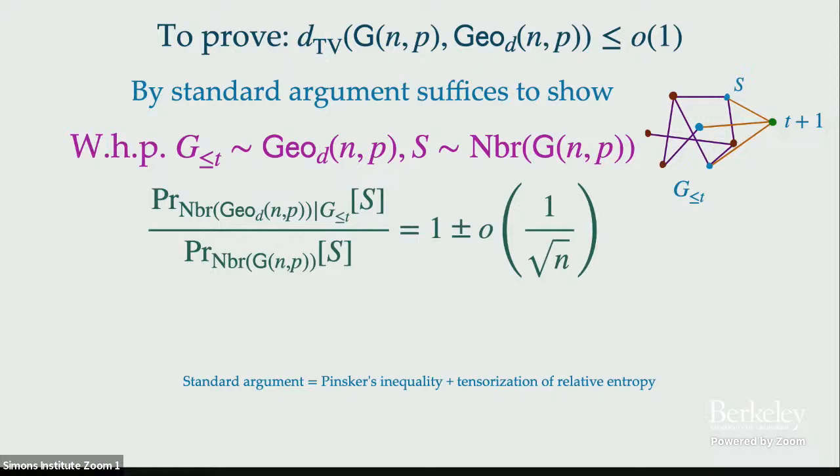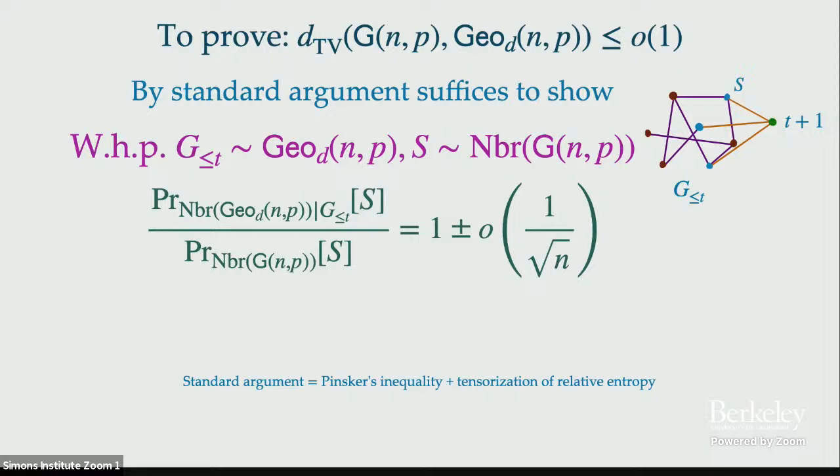And essentially, to prove that the TV distance is very small, it boils down to proving that the two neighborhood distributions I just introduced, for the (t+1)th vertex, are very close to each other. Their ratio needs to be within 1 ± o(1) over square root n.